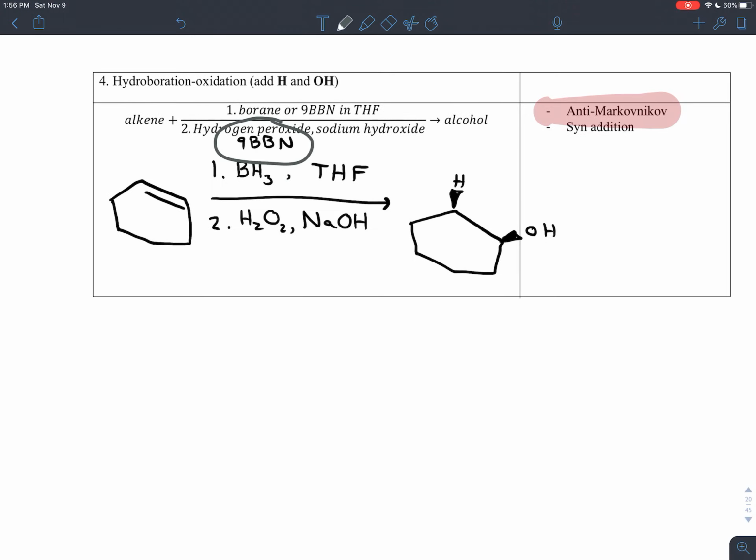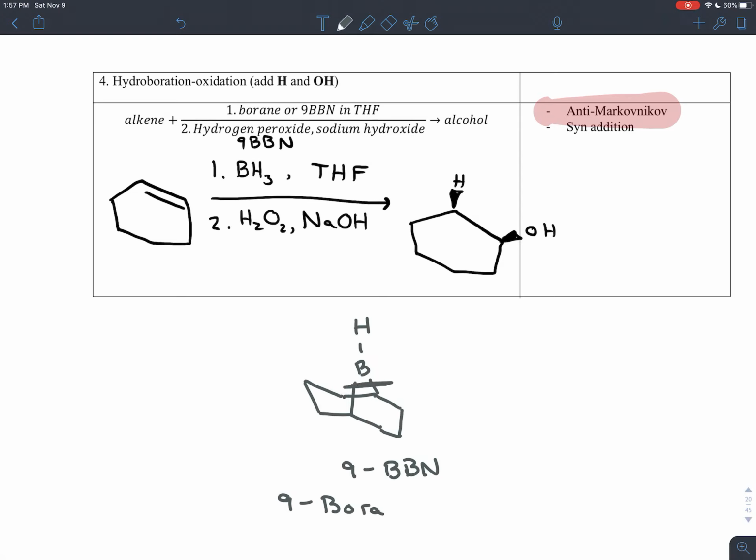A better option is 9-BBN. Now, this is a bicyclic compound. You're not responsible for knowing what this looks like, but I'll show it to you here. So it's a big compound, a 9-membered ring. It's called 9-BBN, and that stands for 9-bora.